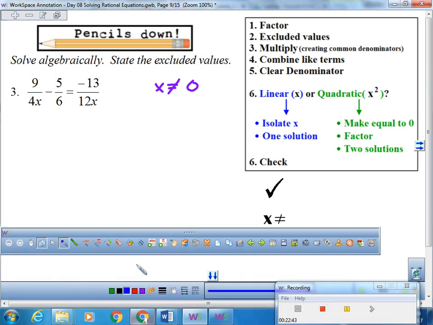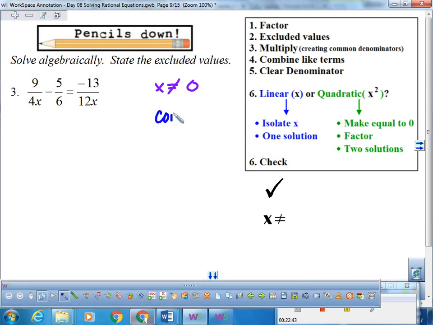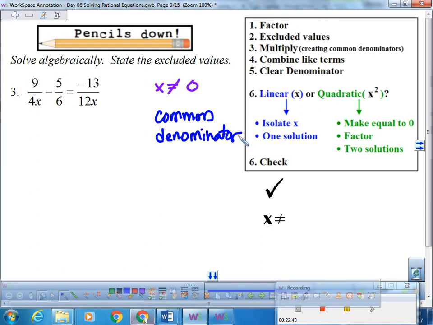So my common denominator here: I've got a 4, I've got an x, I've got a 6, I've got a 12, and I've got an x. Now I have to ask myself, can I make 4 a 12? Can I make 6 a 12? So 12 is my common denominator, but x is also my common denominator.